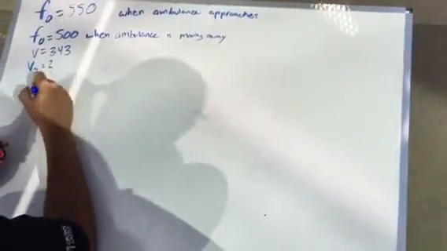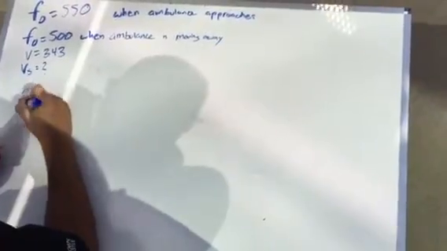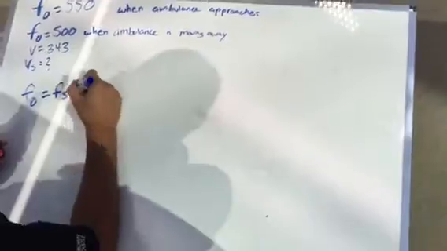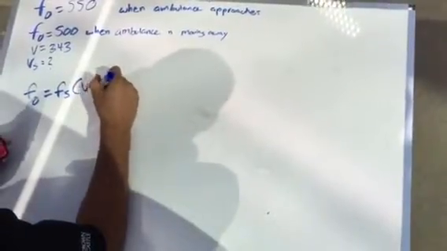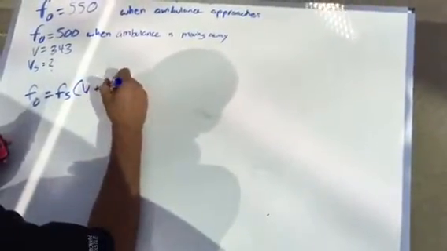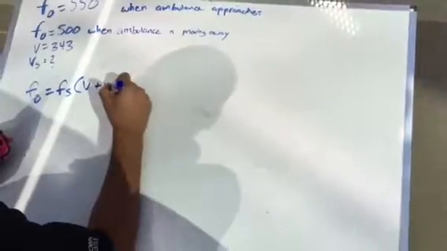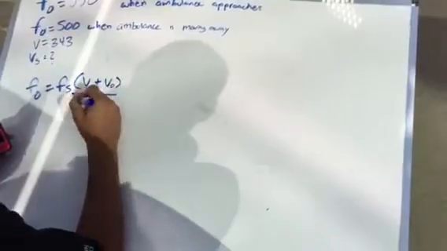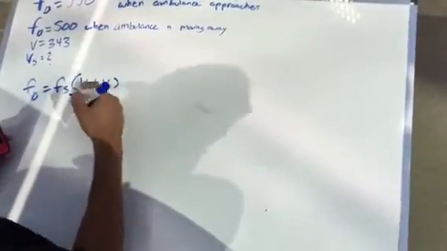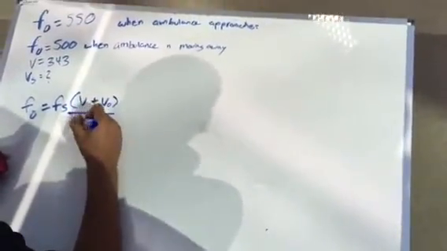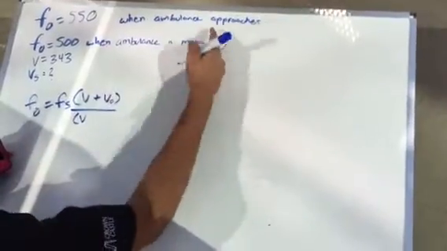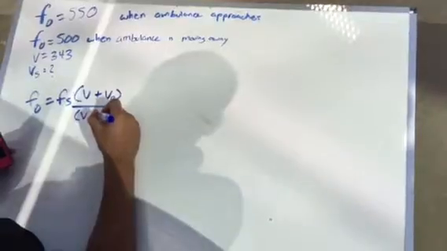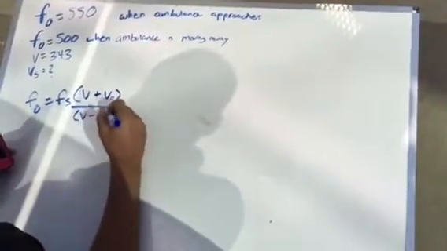So I'm going to write the two formulas that we're going to use. Observed frequency equals frequency of the source, times velocity plus velocity of the observer, over velocity plus velocity of the source, and the velocity of the observer we know is going to be 0. And for the first case, since it's moving towards you, it's going to be minus velocity of the source.